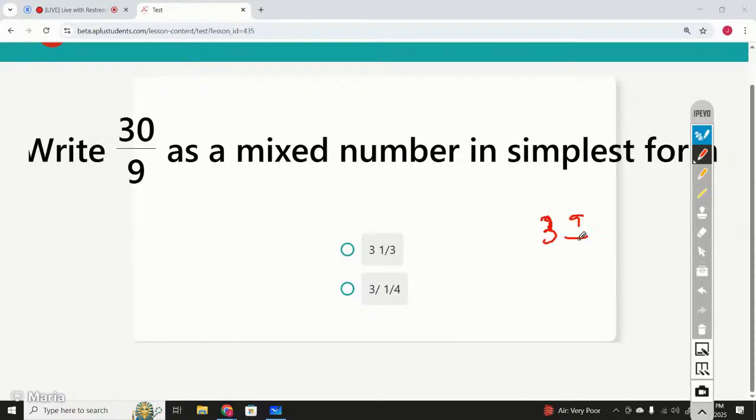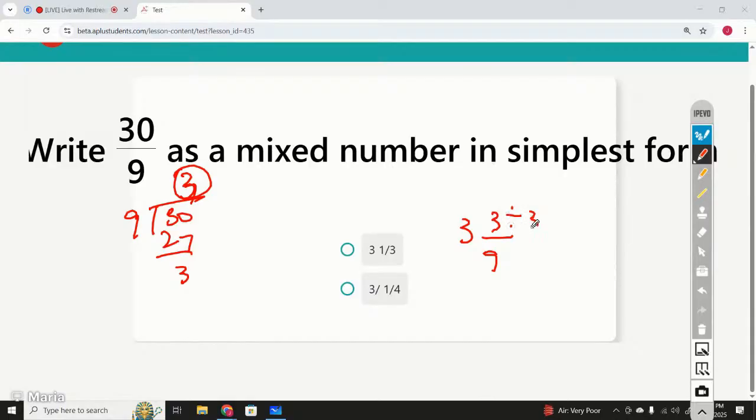Wait. 30 divided by 9. 9 times 3 is 27. We have 3 left. So 3 whole 3 over 9.